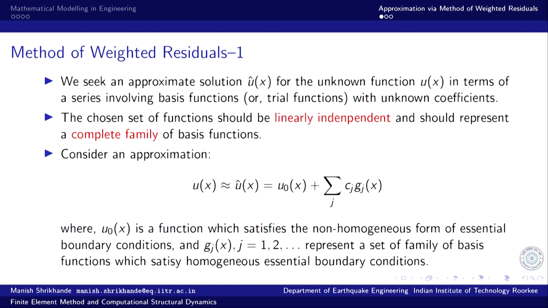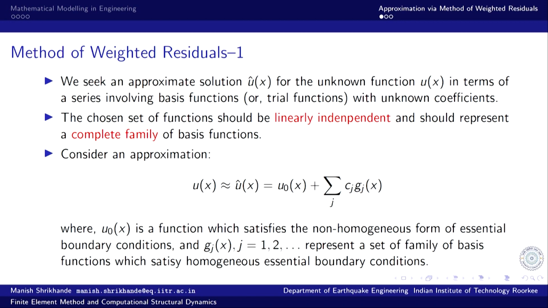So, for the construction of the approximation, it is important that the basis functions we choose are of a form which satisfy the homogeneous essential boundary conditions all over the problem.